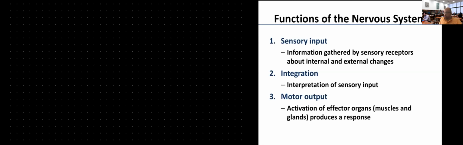So in the nervous system, we have three main functions. The first function of the nervous system is its ability to receive sensory input. I am capable of recognizing the presence of what we call a stimulus.